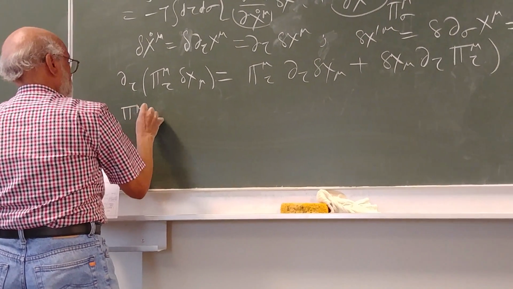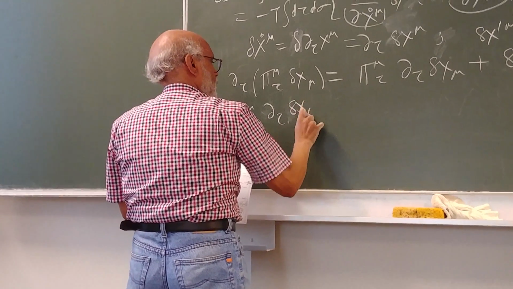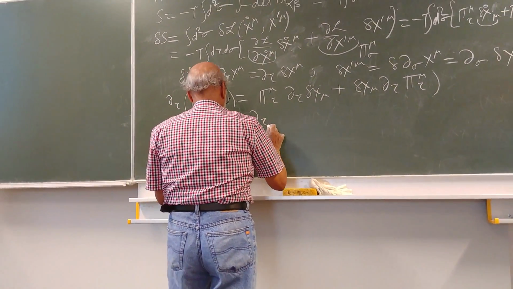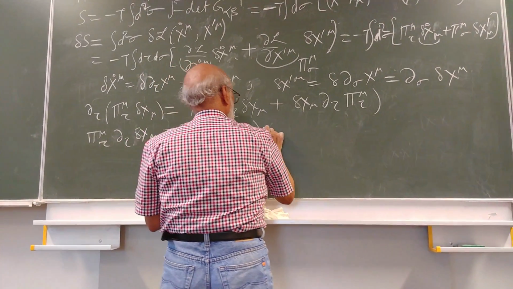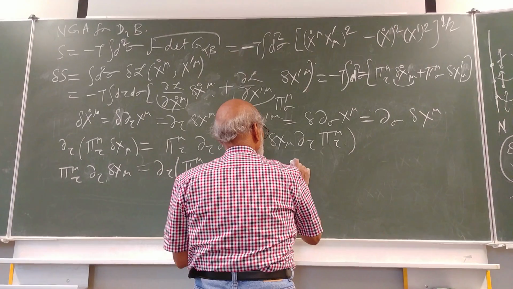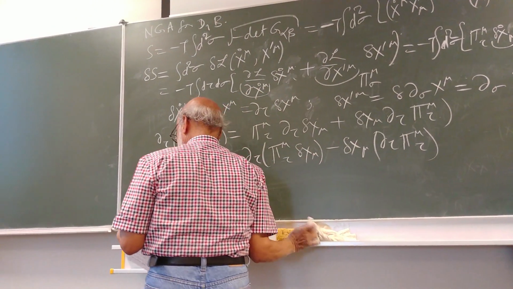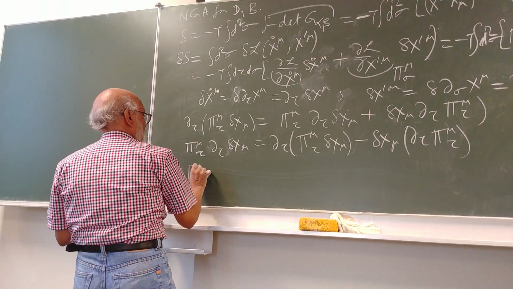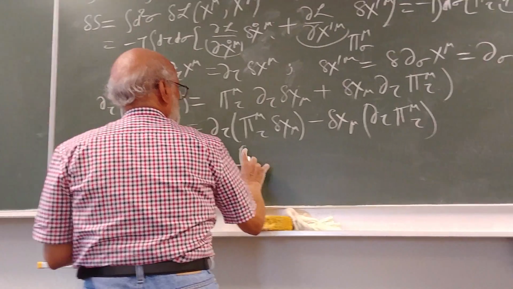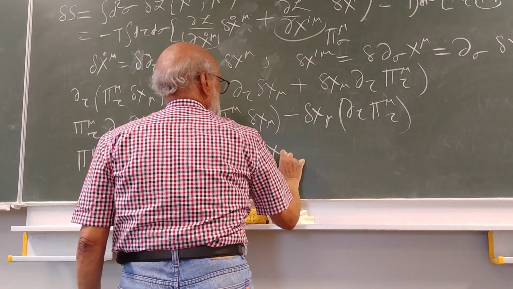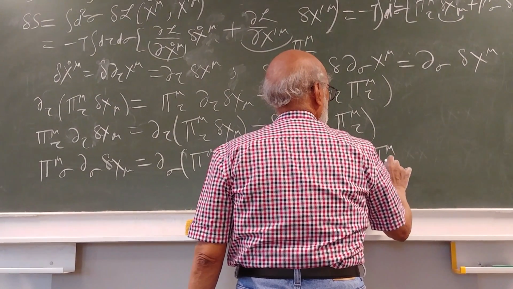So pi mu of tau into del tau of delta x mu is del tau of pi mu tau delta x mu minus delta x mu del tau of pi mu tau, and similarly pi mu sigma del sigma delta x mu equals del sigma of pi mu sigma delta x mu minus delta x mu del sigma pi mu sigma.